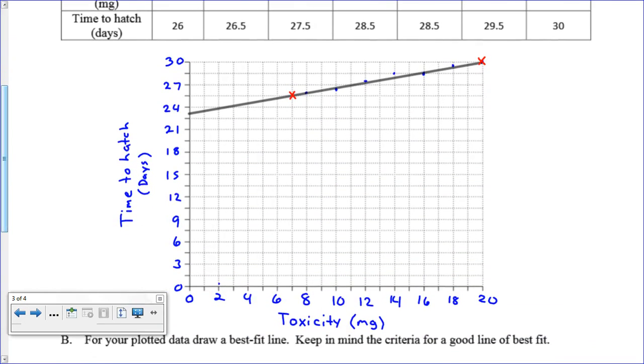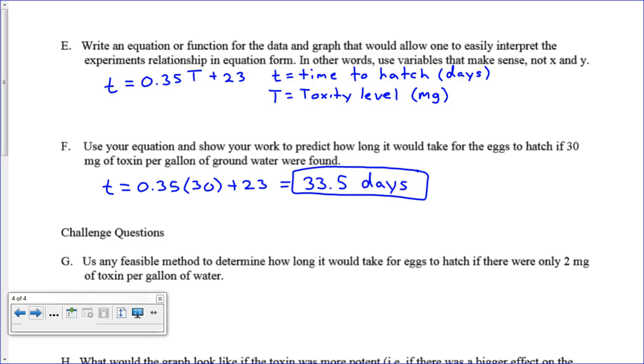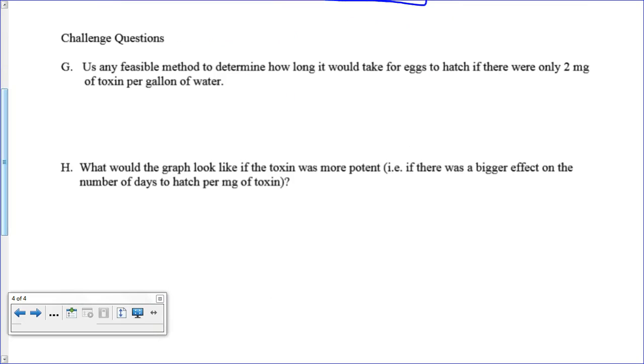We just trace this up, figure out it intersects here, trace this over, and I get what looks like 24 days approximately. So by inspecting the graph, we get something like 24 days.